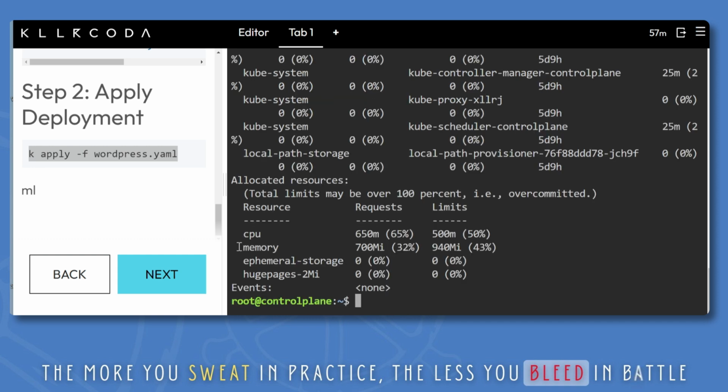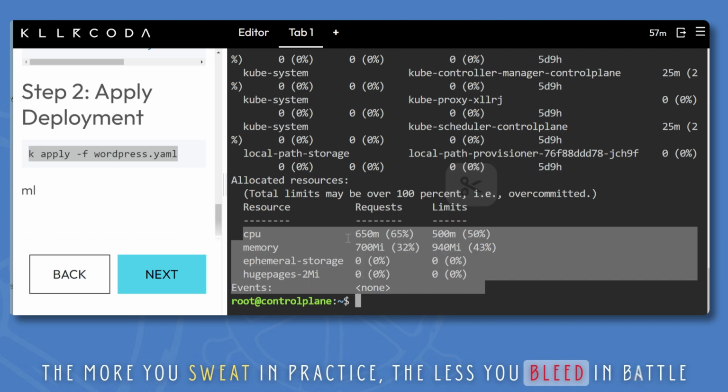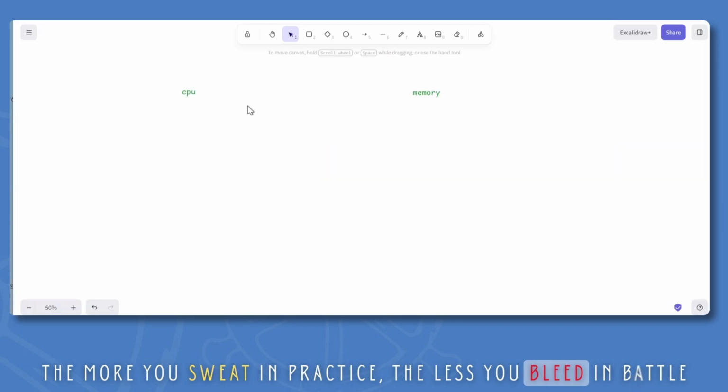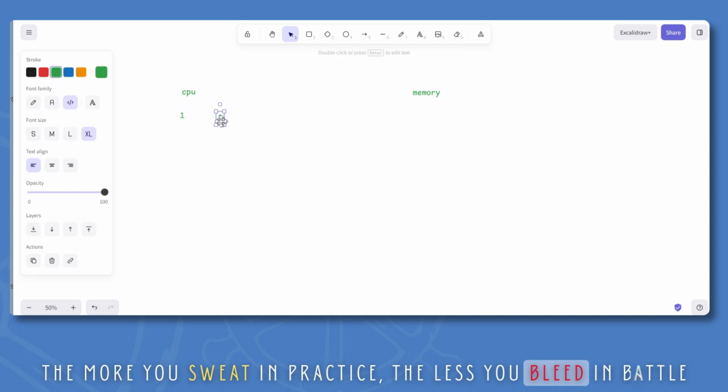So here you will see the CPU and memory allocated. I'll reduce a little here. How is memory represented? First you have to understand it. Whenever you see a CPU equal to one, it means one core, one CPU.